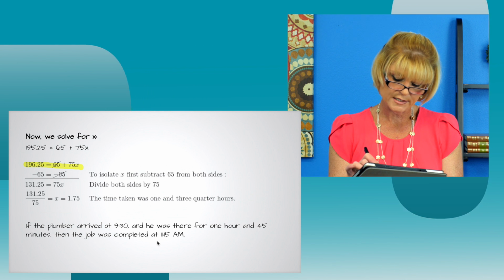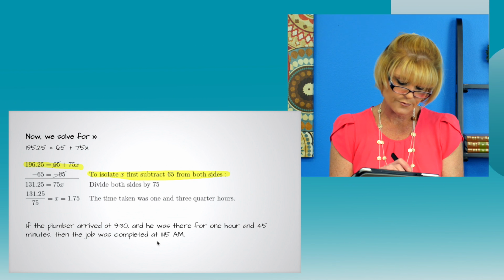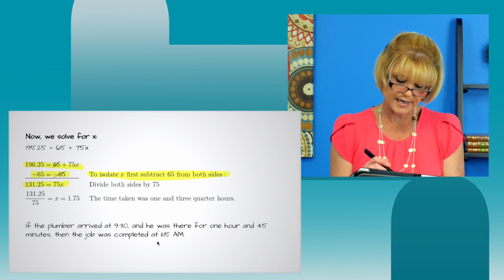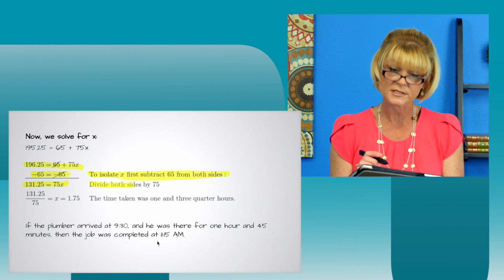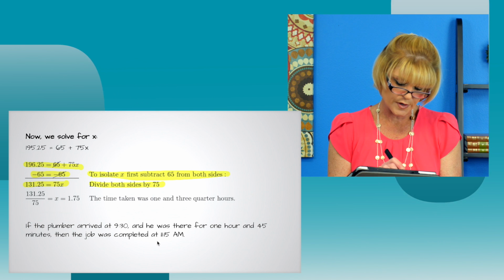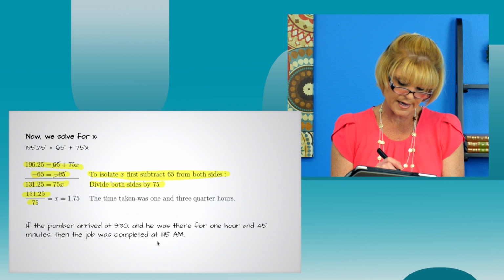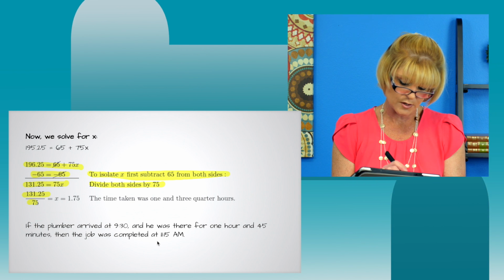To isolate x, we're just going to subtract 65 from both sides. We get 131.25 equals 75x. We're going to divide both sides by 75. We get 131.25 divided by 75 equals x.